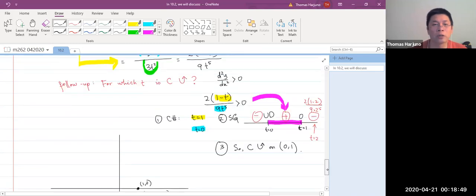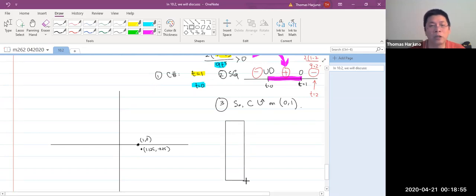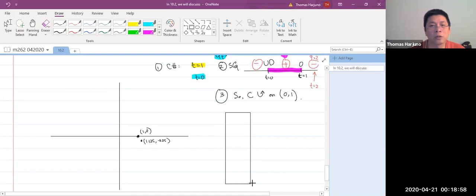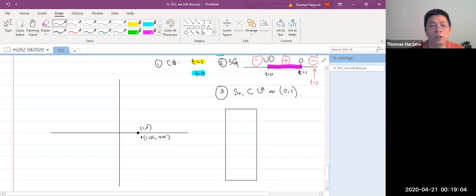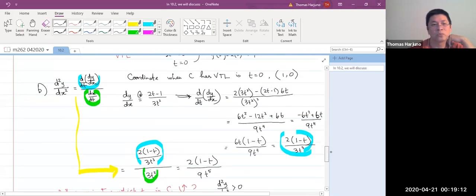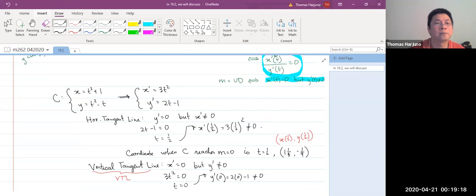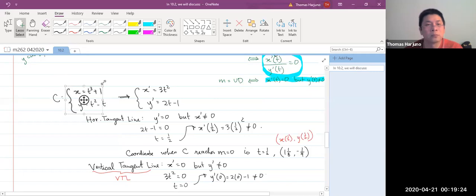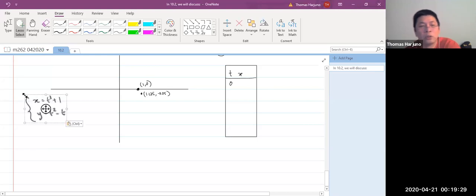Let's plot some coordinates. So when we do the table, let's say we do the table for t, x equals what, y equals what. So when t equals 0, we know x is equal to... where's the equation again? Let me pull it down. Where's my equation? Here. Hopefully it helps us to see how they behave.